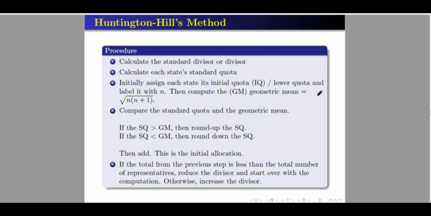Of course, if the sum is not equal to the number of things to be distributed, now number 5, if the total from the previous step is less than, then we adjust the divisor. So reduce the divisor and start over with the computation if the total is less than. But if it's greater than, then we must increase the divisor.